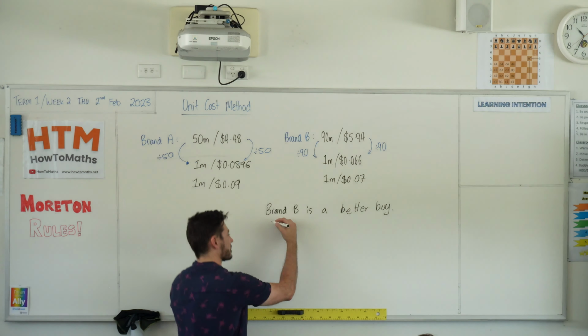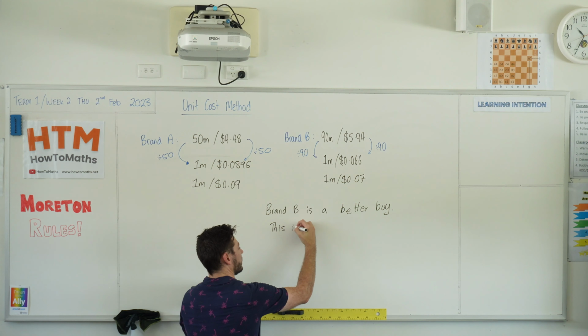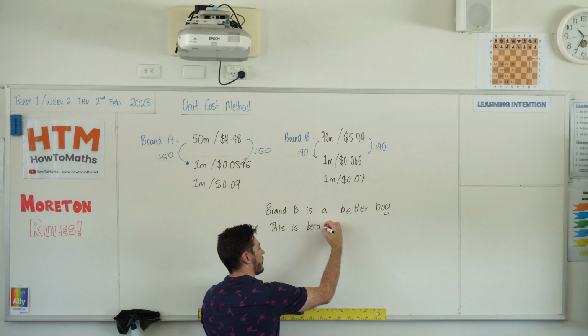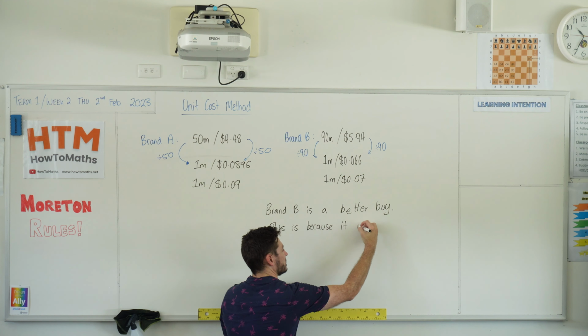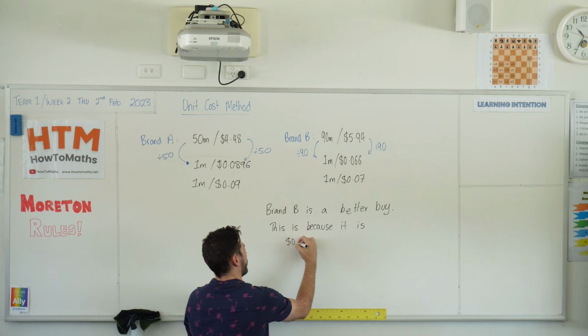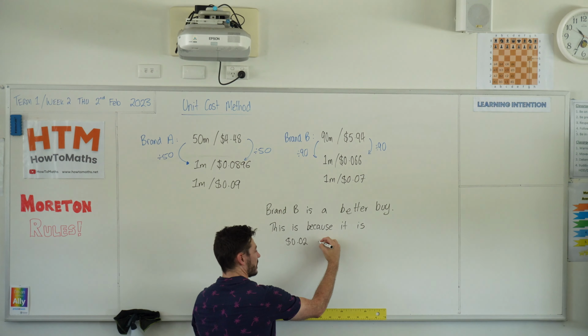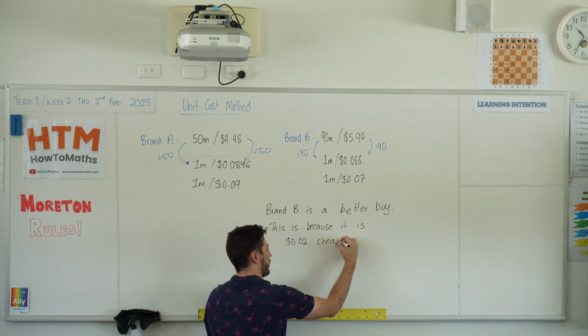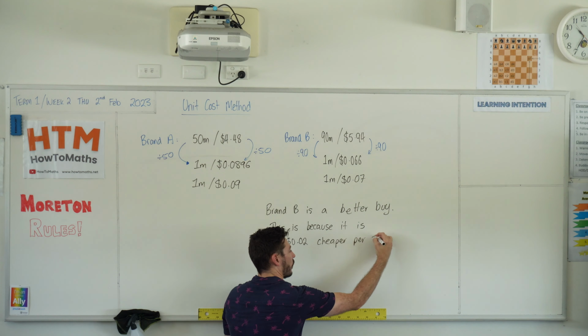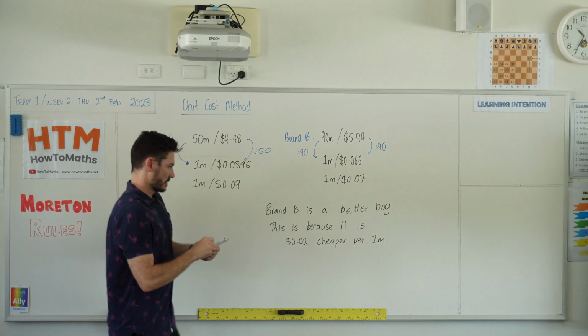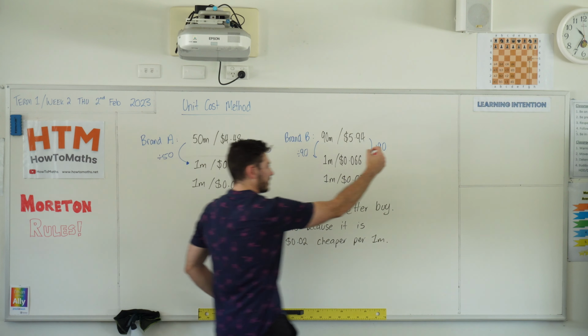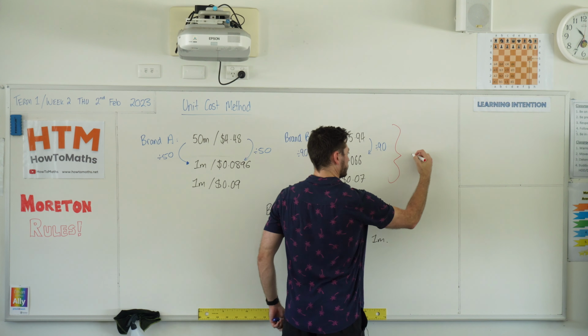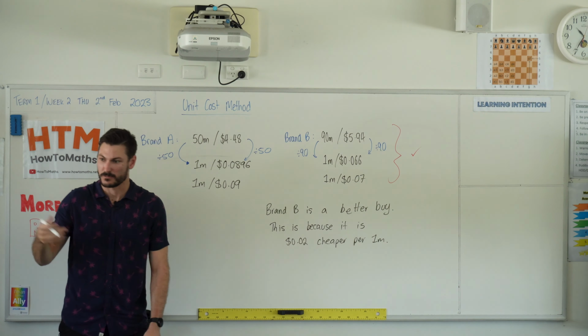And so I'd write something like this: brand B is a better buy because it is $0.02 cheaper per 1 meter. All this, that's going to be a mark for your mathematics.